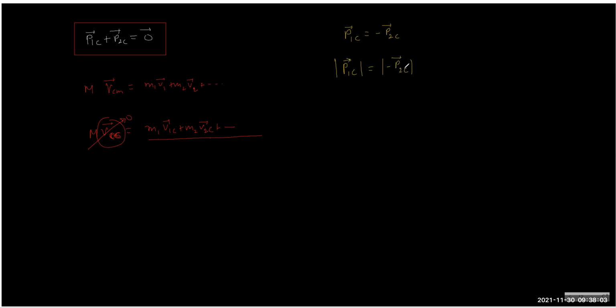And because they are numerically equal, we must have some nice notation to deal with. We call it P. So everything in the CM frame becomes P, and the formula is also not very difficult to remember. It's mu times U relative.